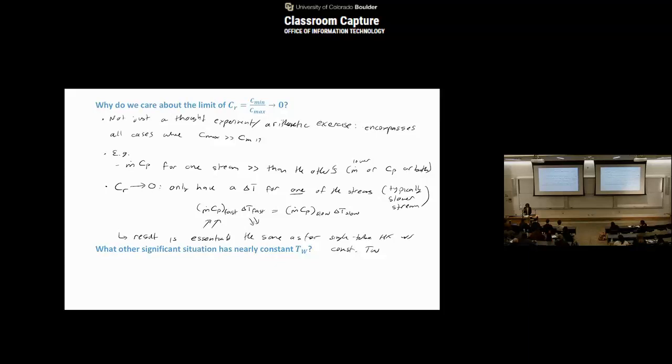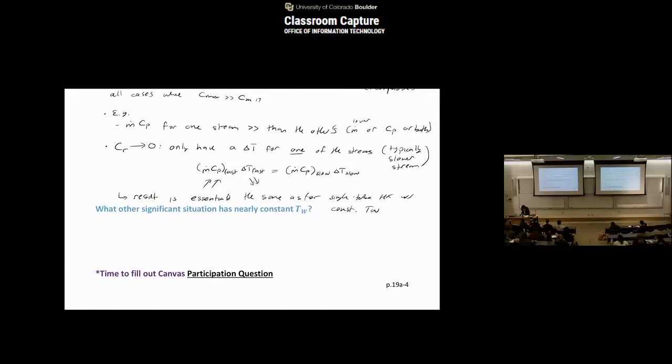Yeah, insulation works. Any other ideas? Sorry, would you mind shouting that out? Nice, yes. So condensing steam. So let me write that out. Steam. You both are going to get candy? Sorry, let me just write that example down real quick.